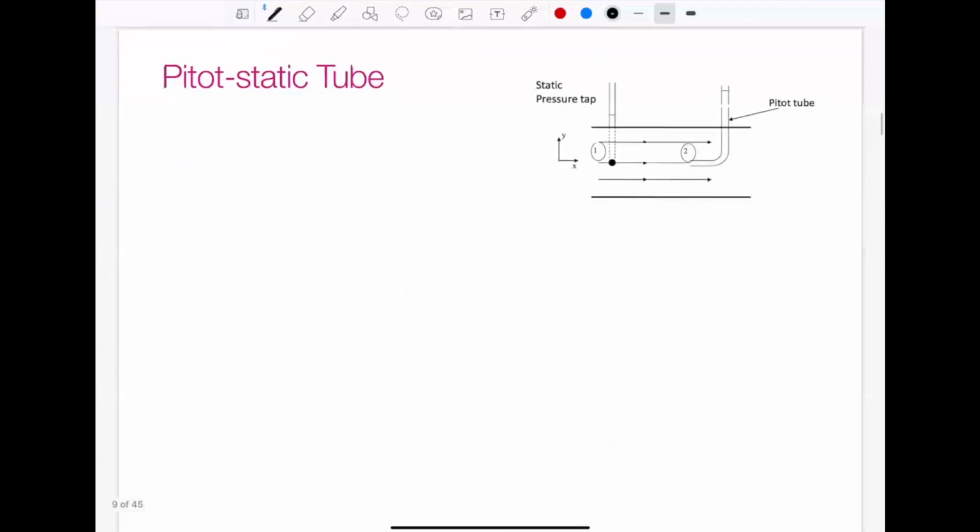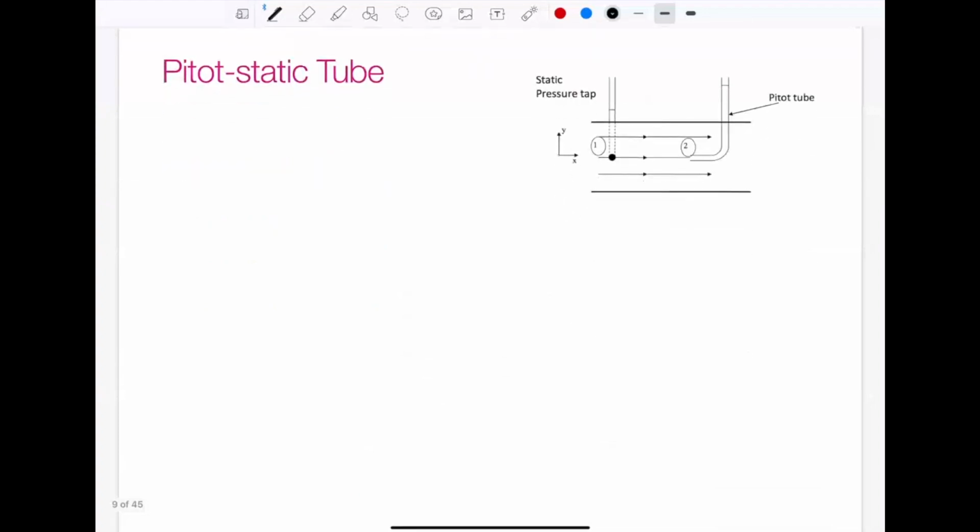So now we have defined what a pitot-static tube is and what everything does. Let's apply Bernoulli's equation to this pitot-static tube. This pitot-static tube system is similar to the system that is in your Venturi lab.